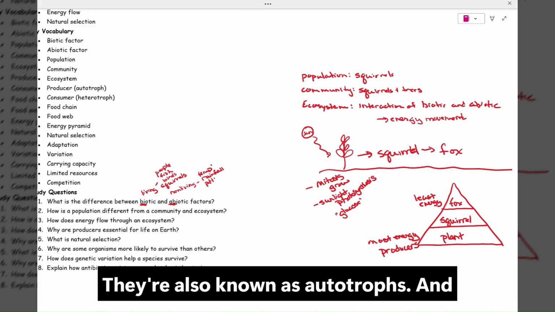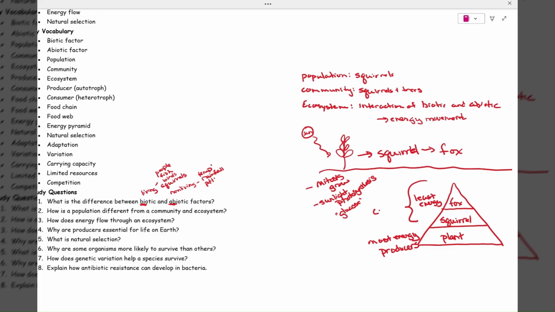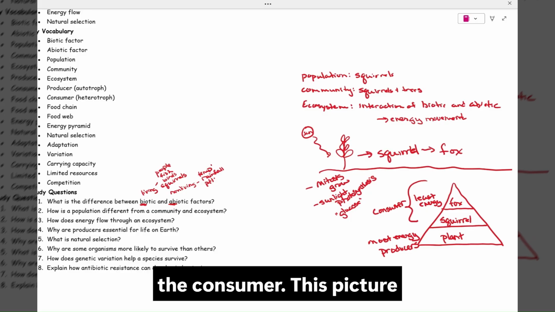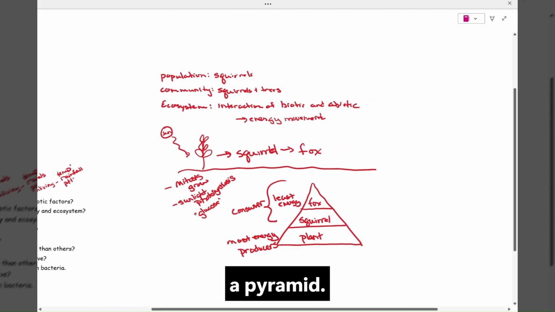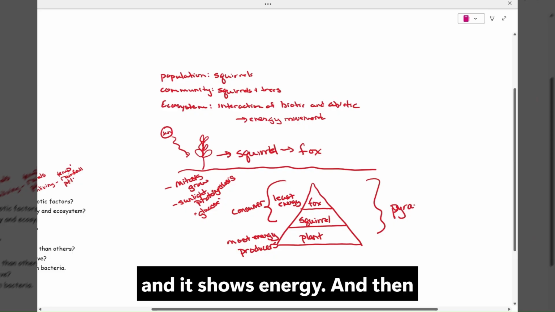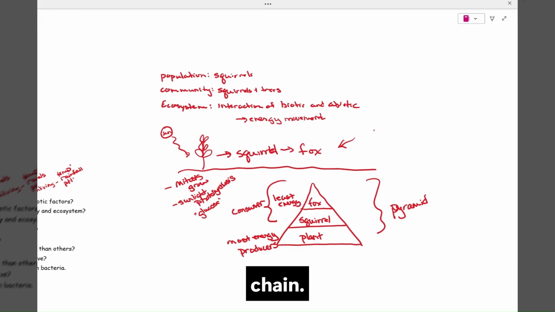Right? They're also known as autotrophs, and everything above it, anything that consumes, is called a consumer. So anything that eats other things is called a consumer. This picture right here that I just drew, this is a pyramid, and it shows energy. And then this string right here is called a food chain.